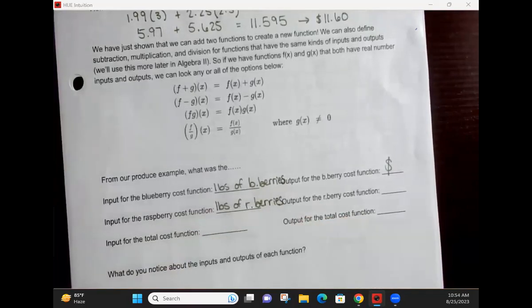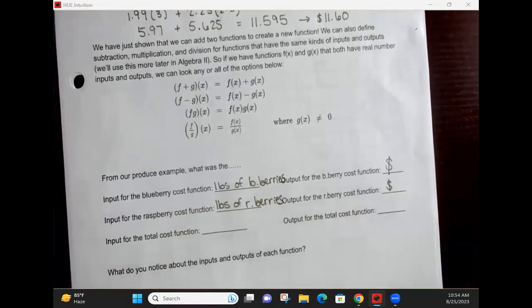And then what did we get out of that function? Price. Now, how about that total cost function where I added them together? What was my input? What did I put in? Pounds again. Pounds for two different things, but still pounds.